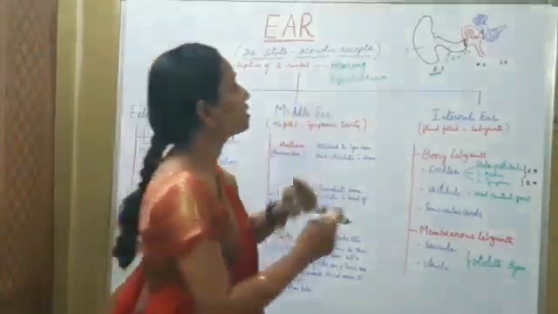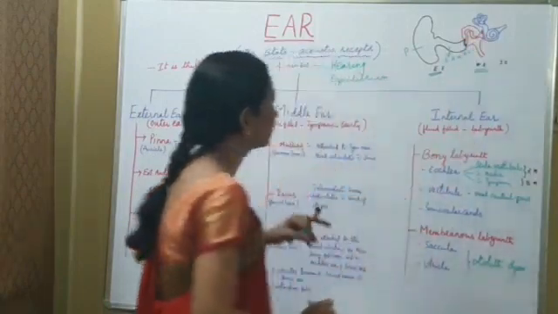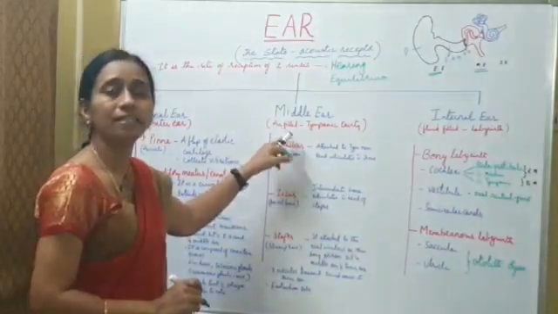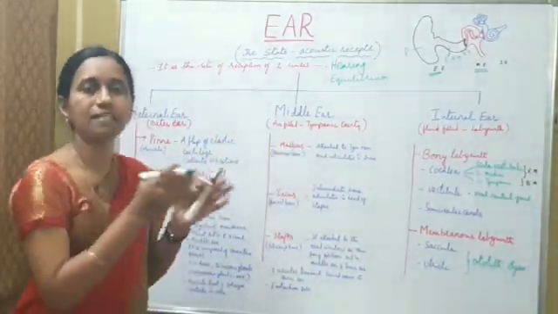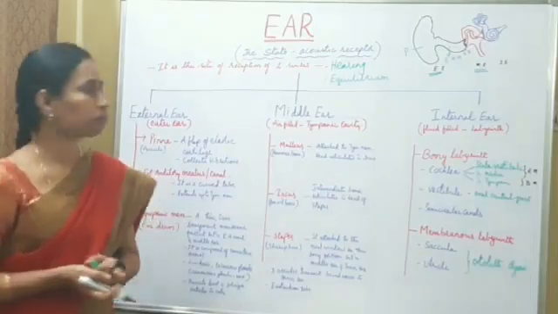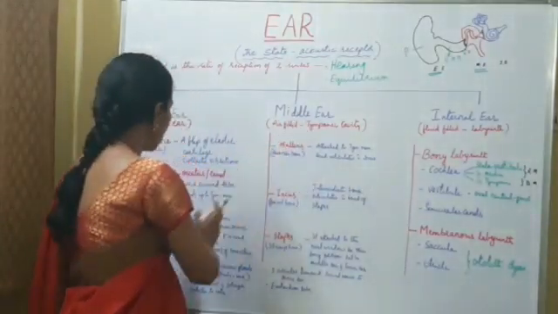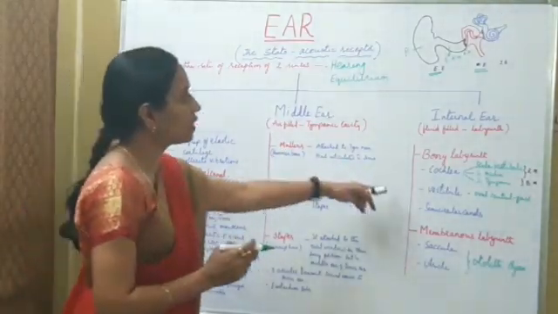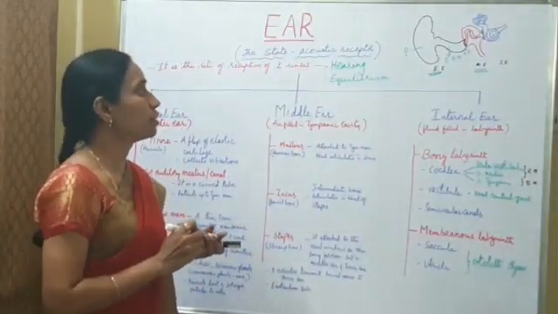The next part is the middle ear. This ear possesses three main ear ossicles. It is air-filled, also called the air-filled tympanic cavity. This is present in the tympanic bone. This middle ear is separated from the external ear by the tympanic membrane, and from the internal ear by the bony labyrinth with two apertures.